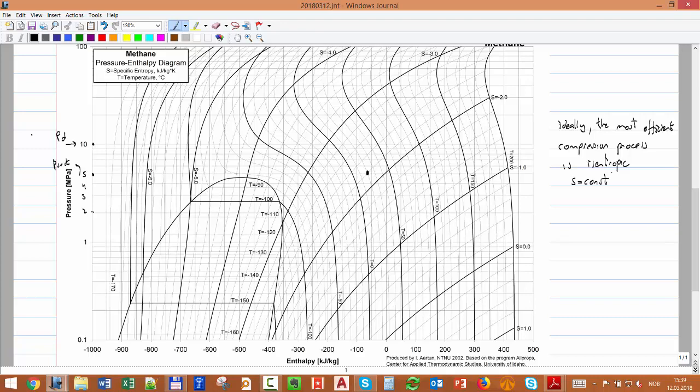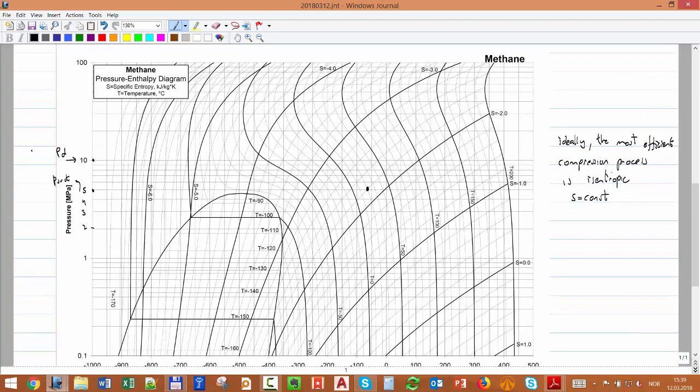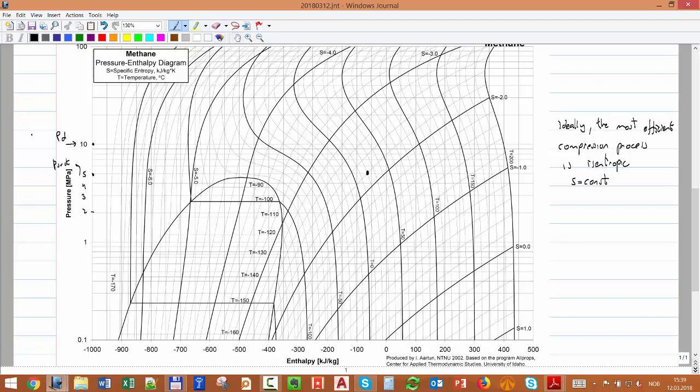And we are lucky, that's one of the reasons I decided to use this diagram: the lines that go in this direction are lines of isentropy. S is the same all along this line. So if I do it very efficiently, ideally, I will follow this line and reach here. That will be my ideal compression process from 1 to 2.